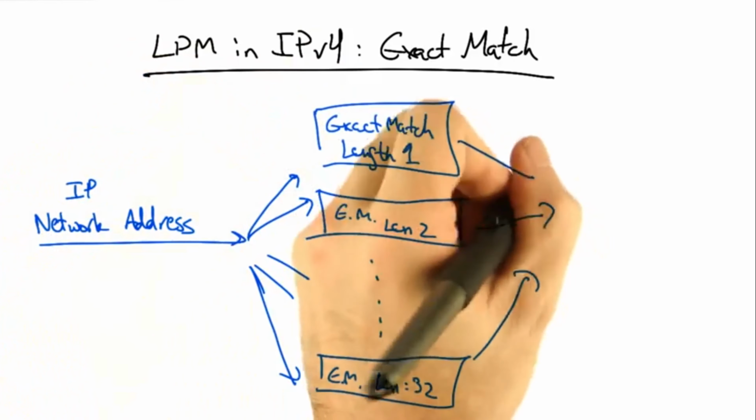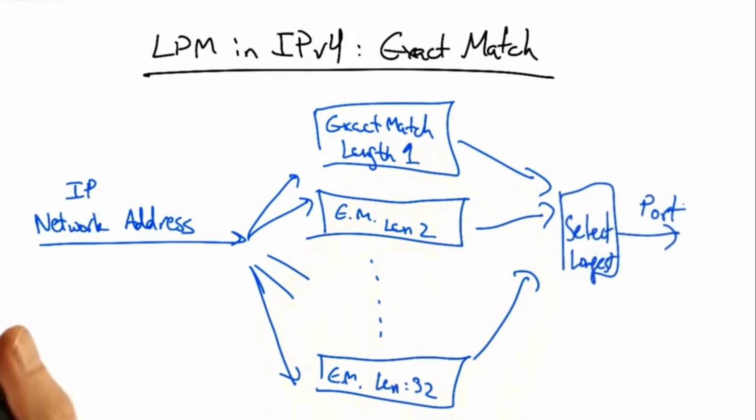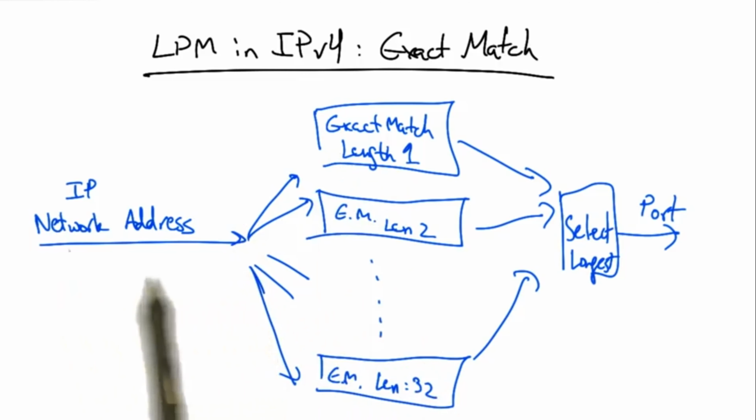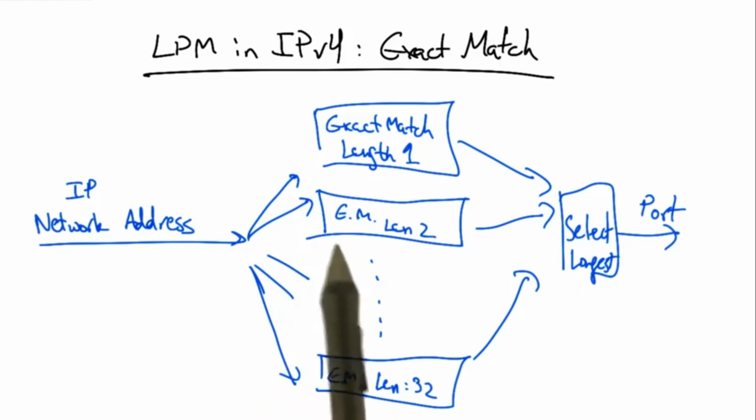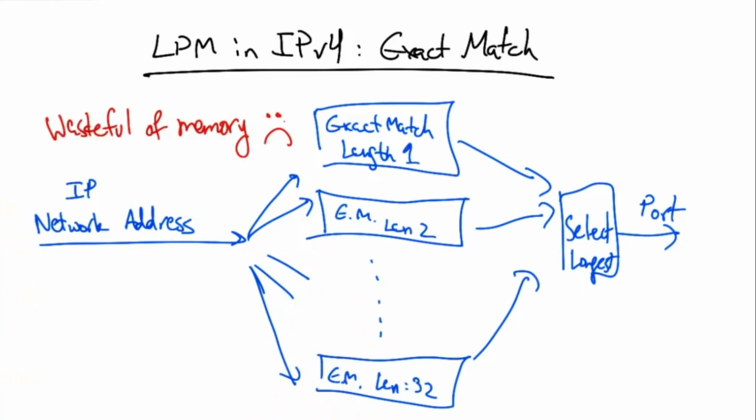Then among the tables that had a match, we would select the longest and forward the packet out the appropriate output port. Of course, this is horribly inefficient because we'd have to have tables for each of these lengths, and every time a packet arrived, we'd have to send it to each one of these 32 tables. This is extremely wasteful of memory.